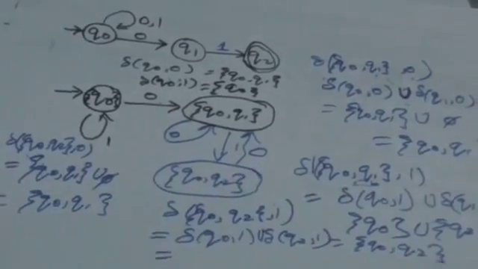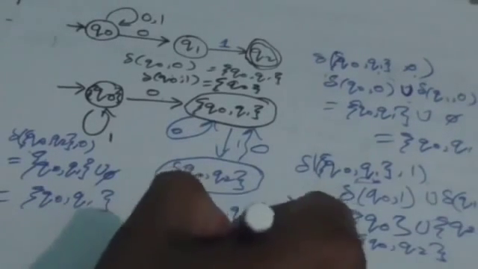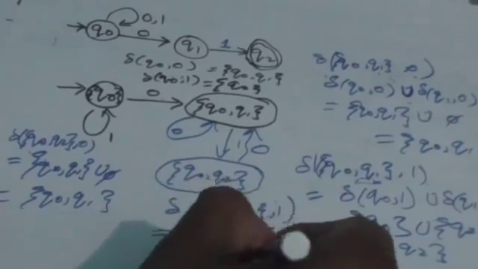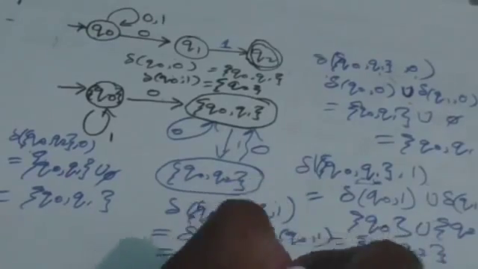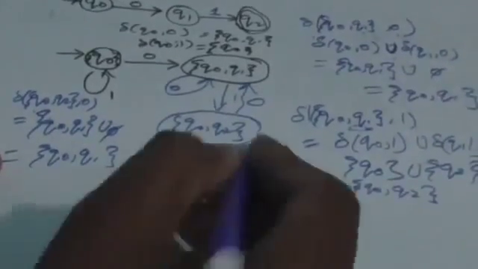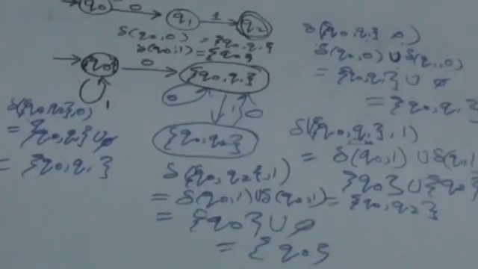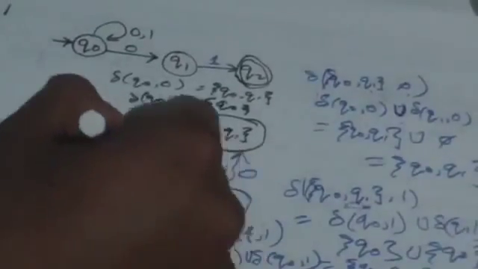When you apply 1 to Q0, it will remain in state Q0, and when you apply 1 to Q2, there is no transition. So it will result in a set having only Q0. So when we apply 1, it will jump to Q0.